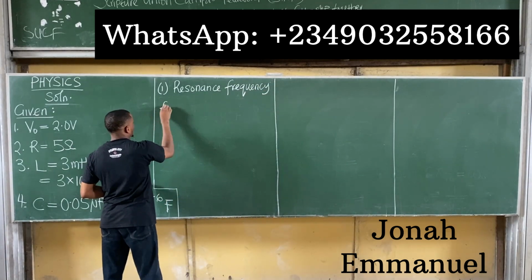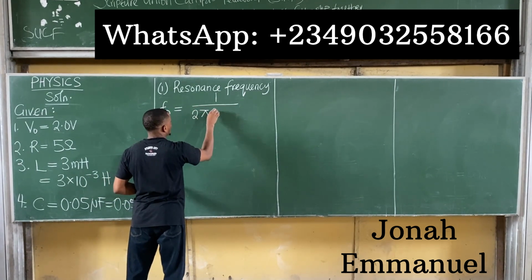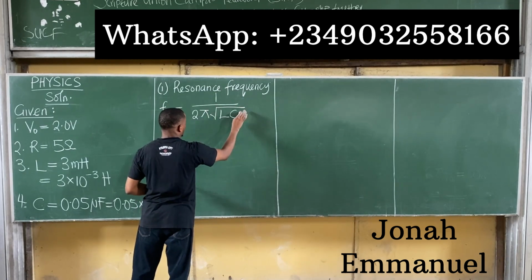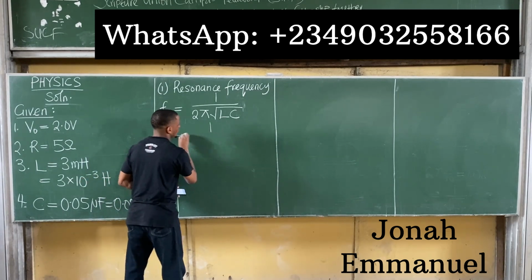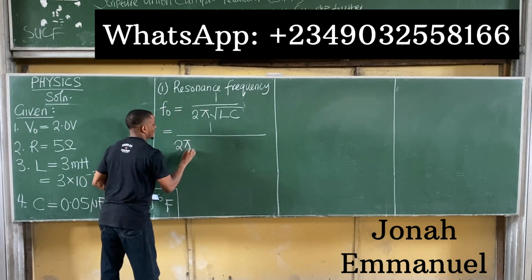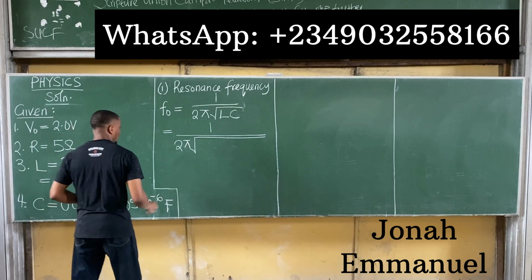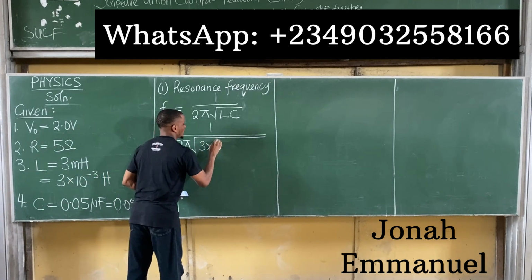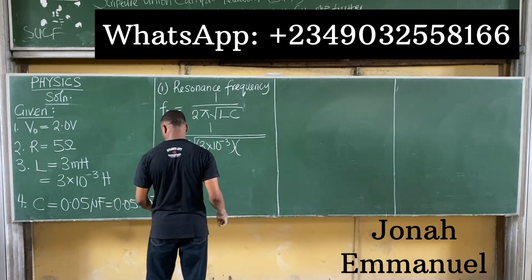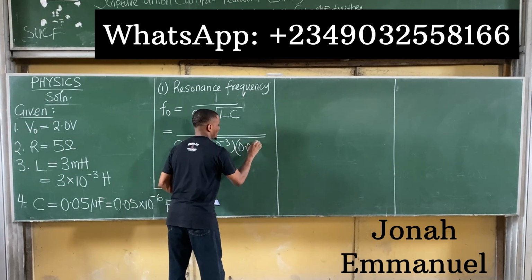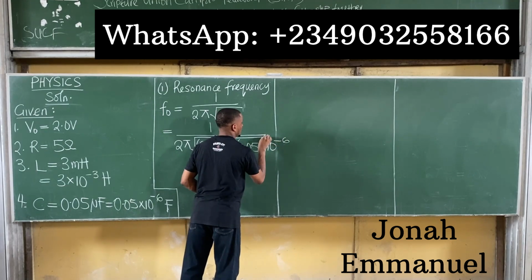We said f naught is equal to 1 all over 2 pi square root of L times C. All right, input values, that's equal to 1 all over 2 pi into the square root of L. The value of L is this, 3 times 10 to the power minus 3, into C. The value of C is this, 0.05 times 10 to the power minus 6.